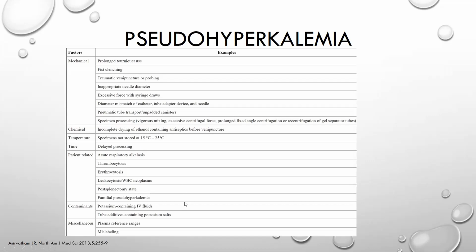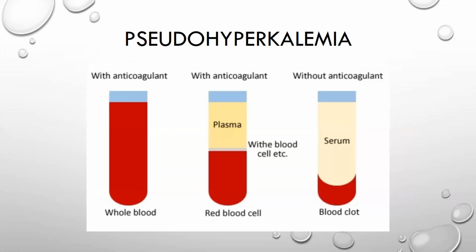But leukocytosis, especially in the setting of very high leukocytosis, such as in blood cancers, hematologic malignancies, is a huge one. And to talk about the reason, we've got to talk about the difference between whole blood, red blood cells, plasma, and serum.